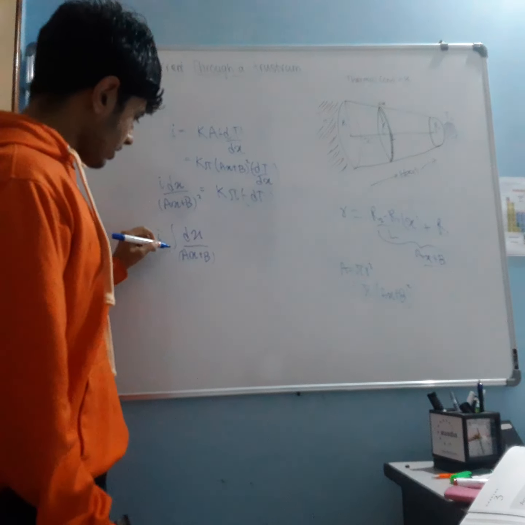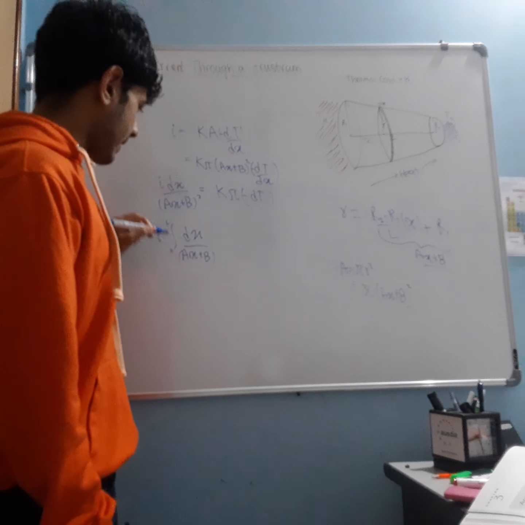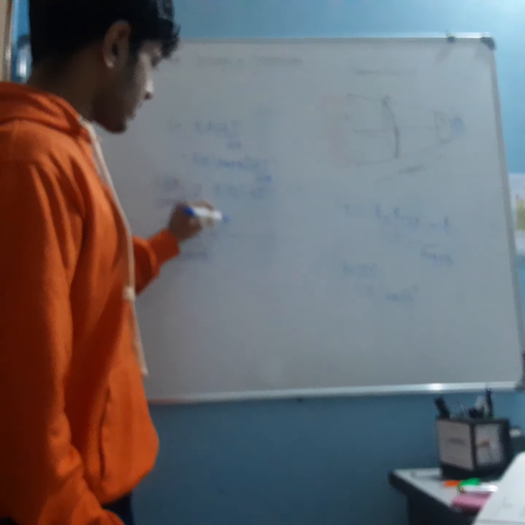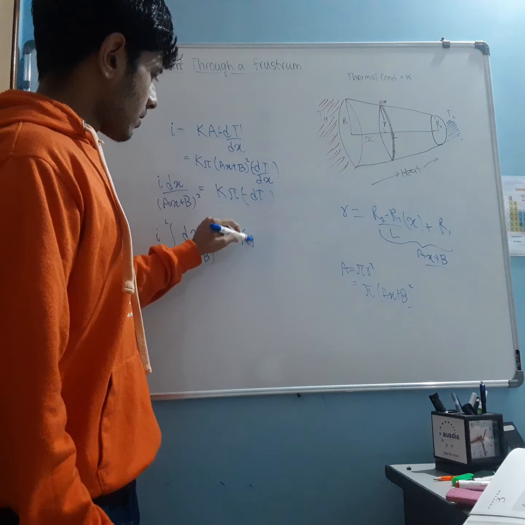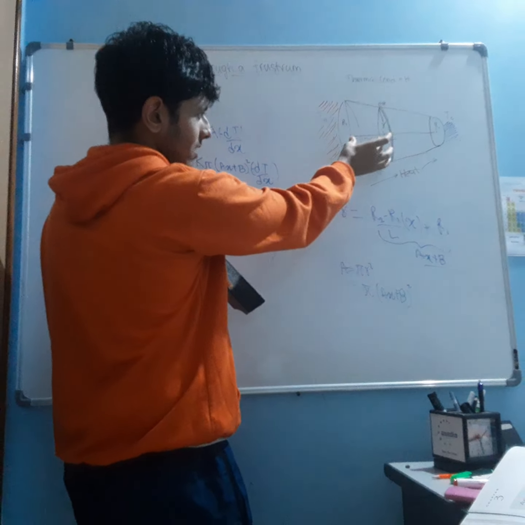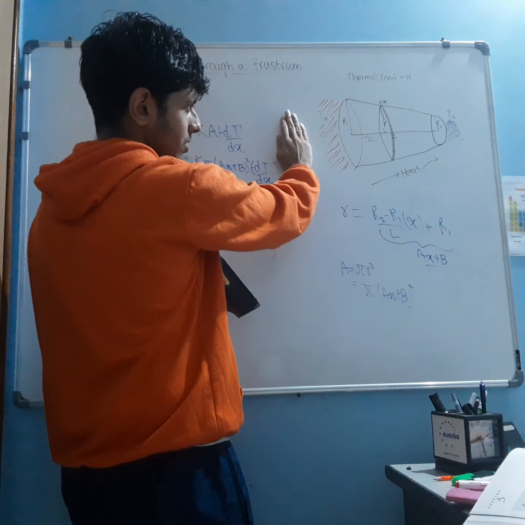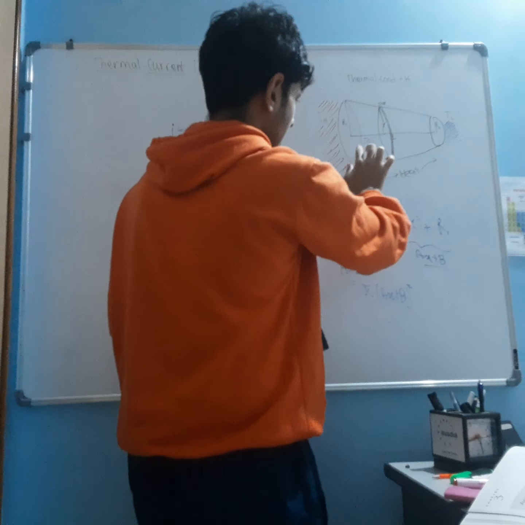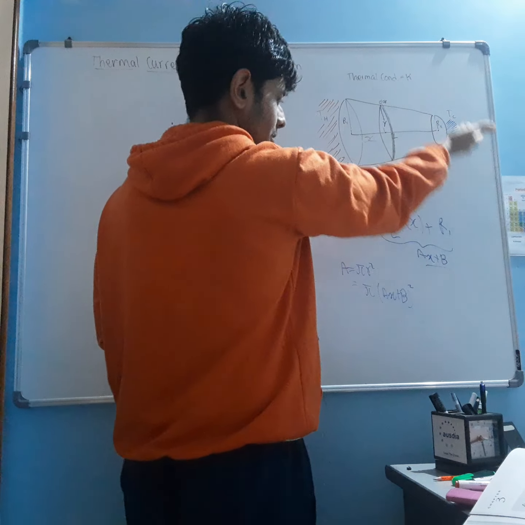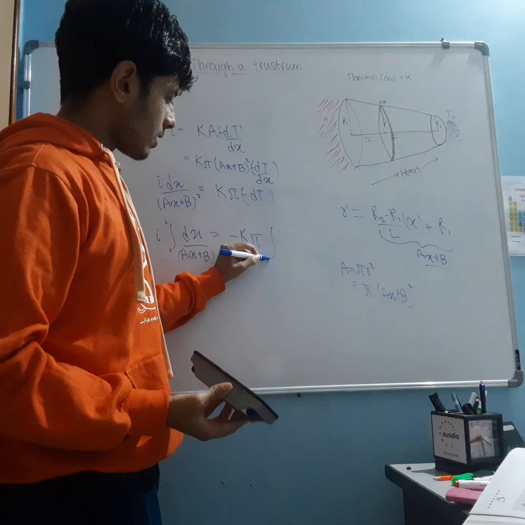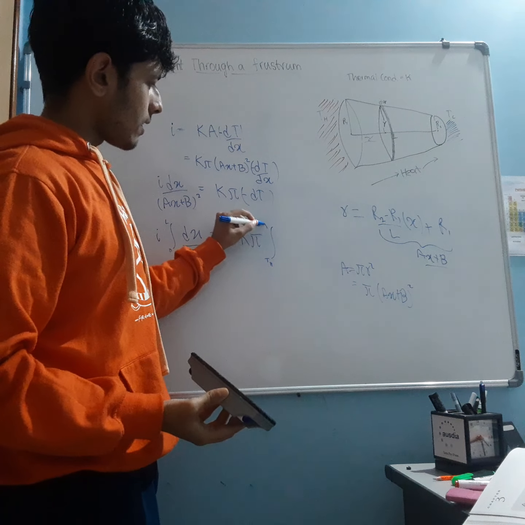So the integrating limits are going to be 0 and L. In the case of the temperature, let me take the minus outside: K pi integration. When x is 0, you end up with the hot body, and as x becomes L, you end up with the cold body. So the integrating limits are going to be TH and TC.